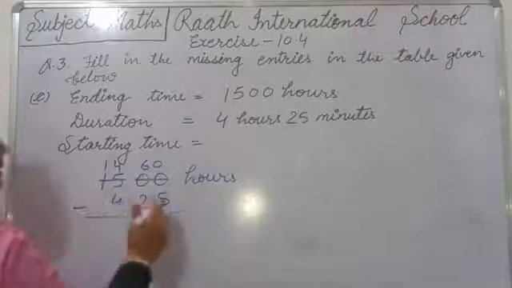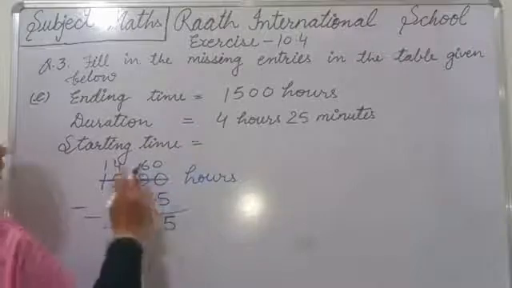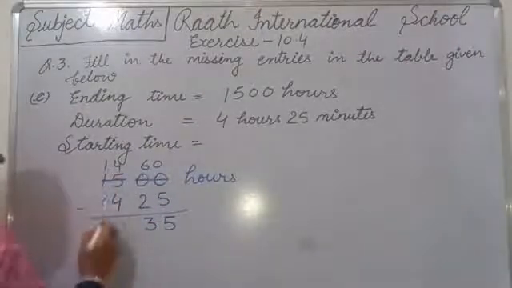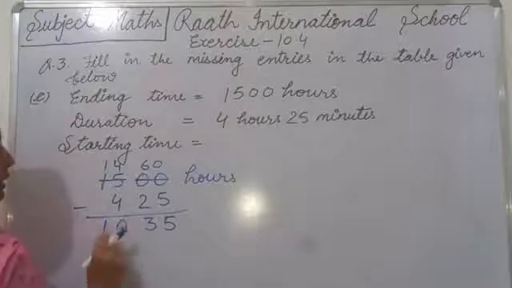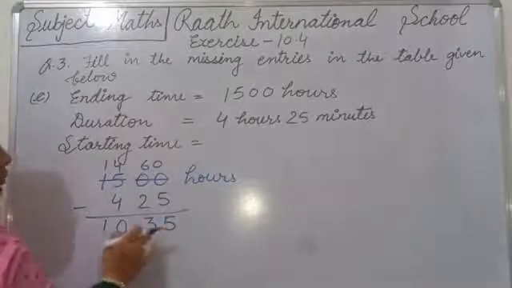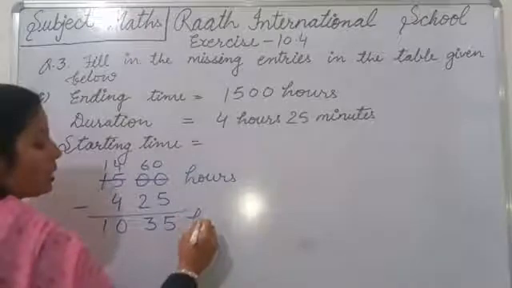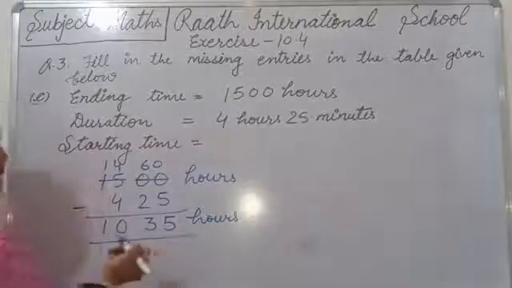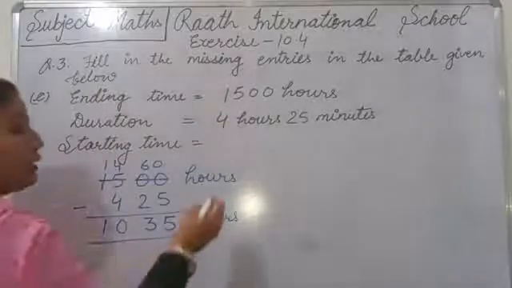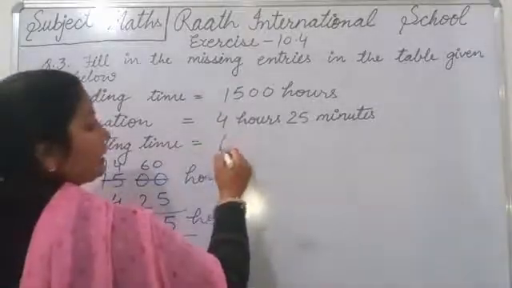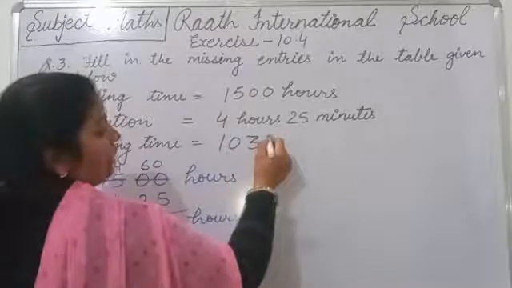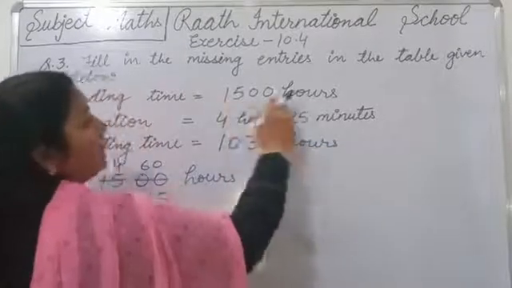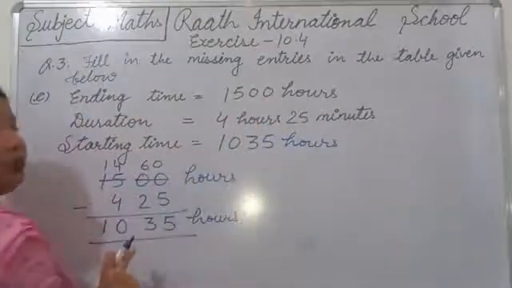So 10 minus 5 is 5 and 5 minus 2 is 3. Now 14 minus 4, that's it, 10. So 10 hours and 35 minutes. So 10:35 hours, because we give answer in 24 hours clock. So that's our answer, 10:35 hours. So we write here starting time is 10:35 hours and that finish at 15 hours, and this is our duration.